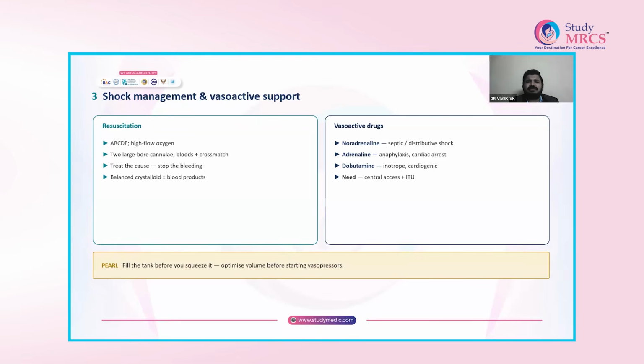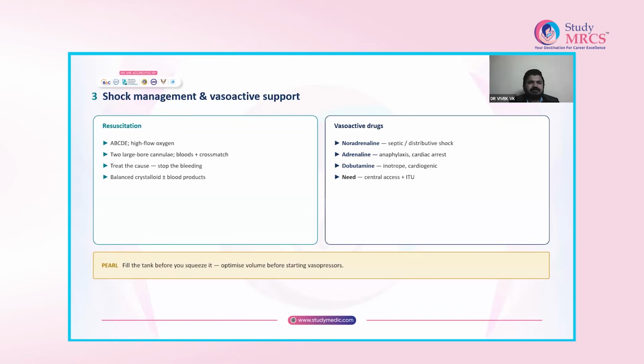That is, you have to insert a central venous line, inserting a catheter into the central veins. That could be the subclavian vein, the internal jugular vein or the femoral vein, etc. And obviously, you have to give these vasoactive drugs in an ITU setting.